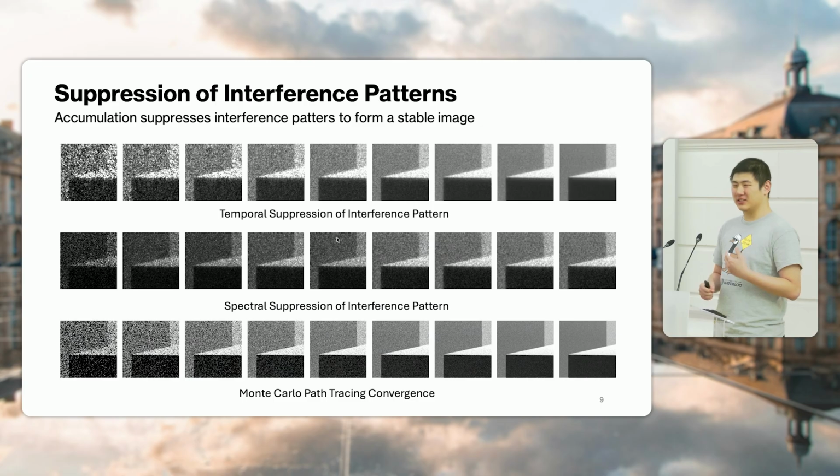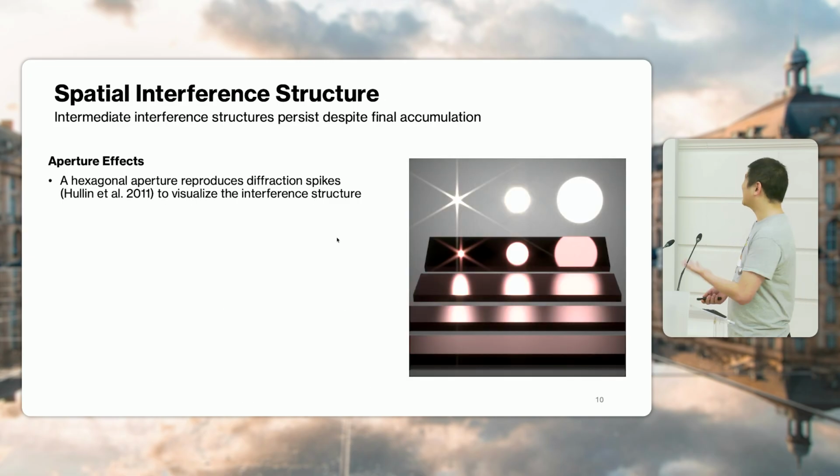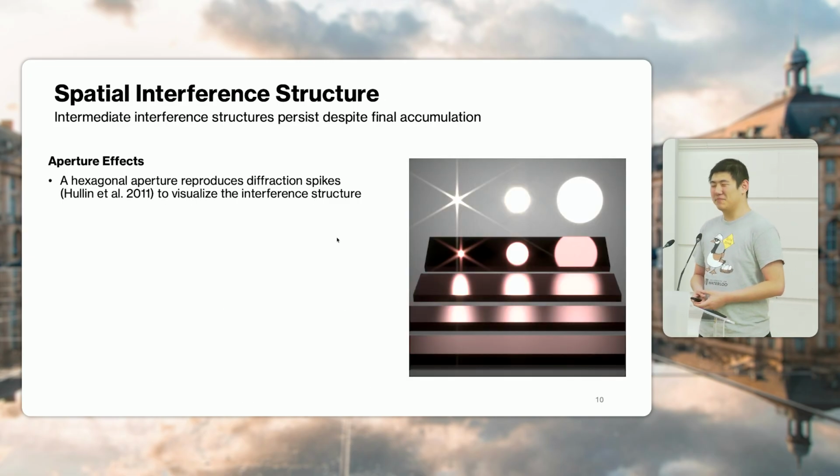So even though the accumulation suppresses those patterns, the propagation still indeed happened. And that's where the practical utility becomes interesting. Let me start with a simple example. By just changing the aperture from a circular to a hexagon, I got this diffraction spike, which was described by Hullin and his colleagues 15 years ago.